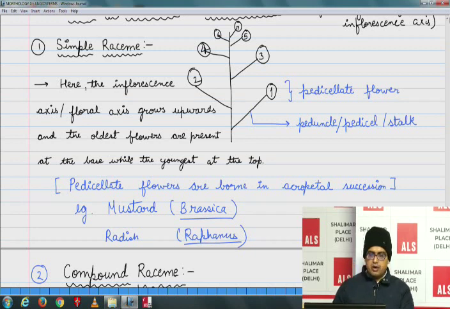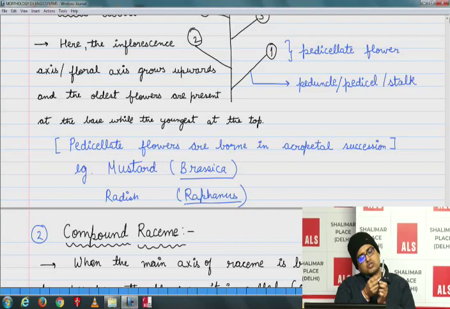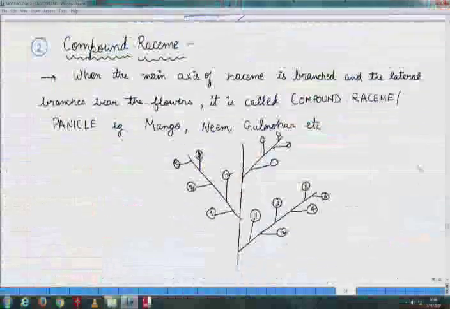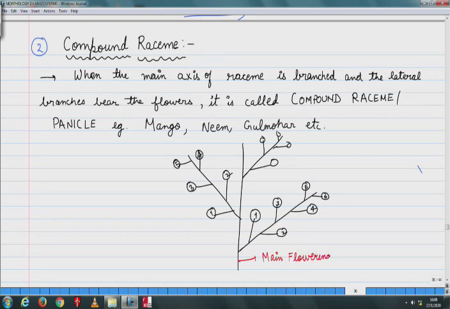After that we have compound raceme, in which this flowering axis undergoes branching, and on each smaller branch a small raceme inflorescence will be found. So this is the compound raceme. There are branches, and this is the main flowering axis, or primary rachis, the 1 degree rachis.